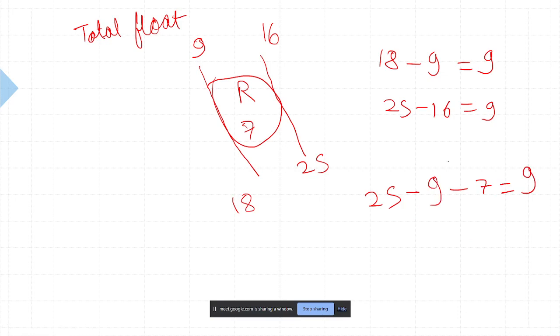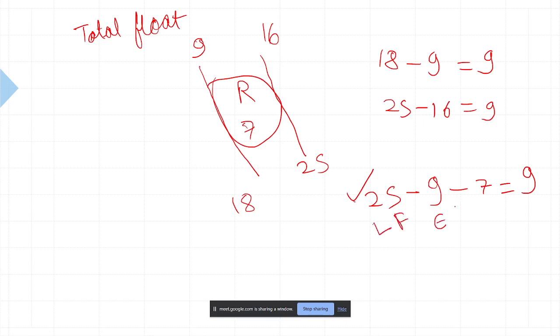The value is again the same. Can you tell me why I did it like this? Yes, sir, because latest start minus early finish minus duration. This is late finish.